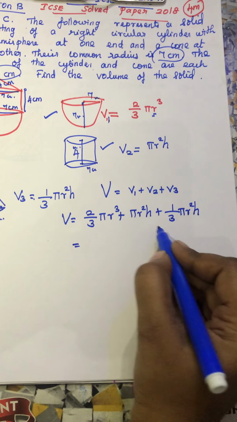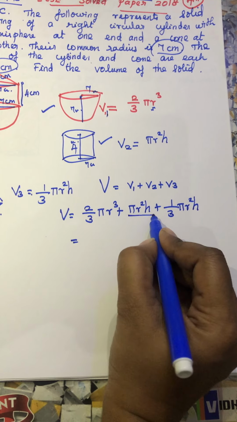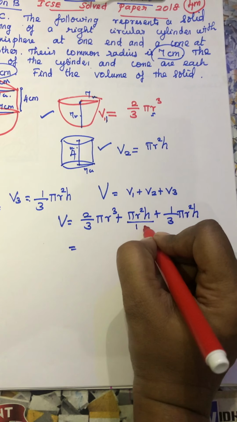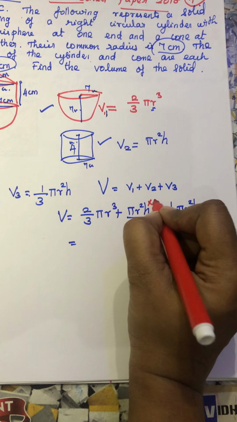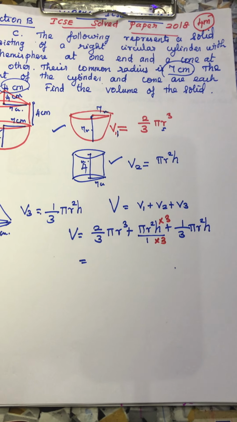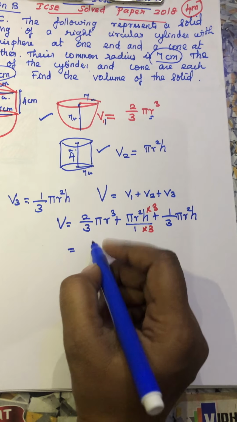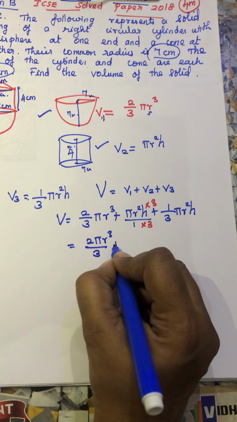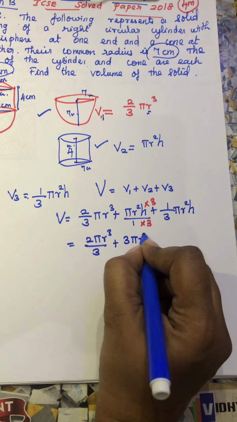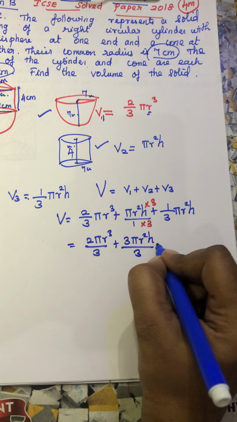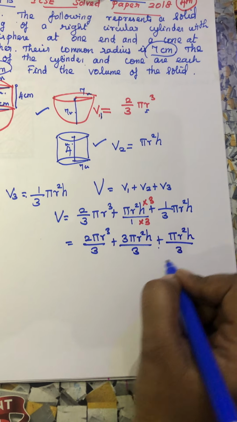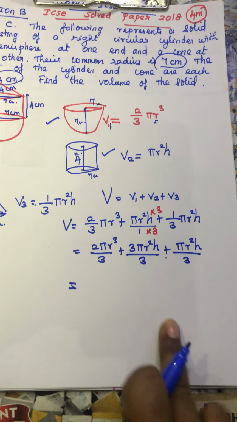First, equalize the denominators, because this denominator is 1. To equalize, we multiply by 3 over 3. So we get 2 pi r cube by 3, plus 3 pi r square h by 3, plus pi r square h by 3. So we equalize the denominator.